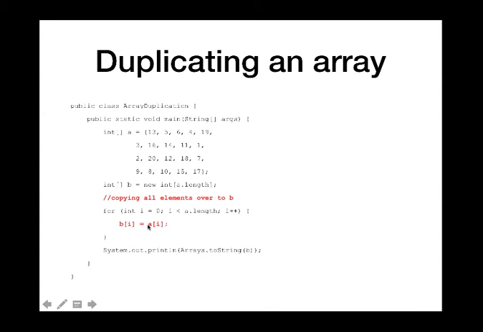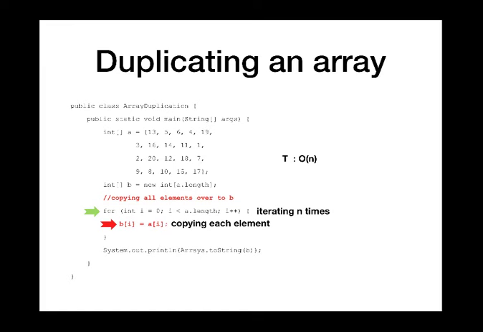And for each element in A, I copy it over to B. Again, I'm going n times, as you can see here. And I'm copying every single element from A to B.